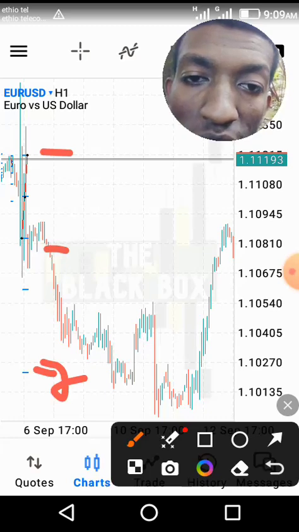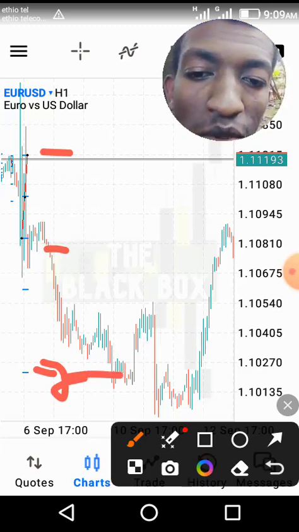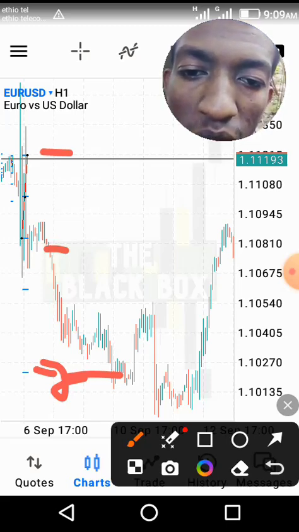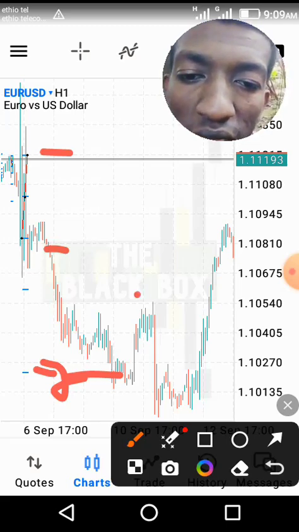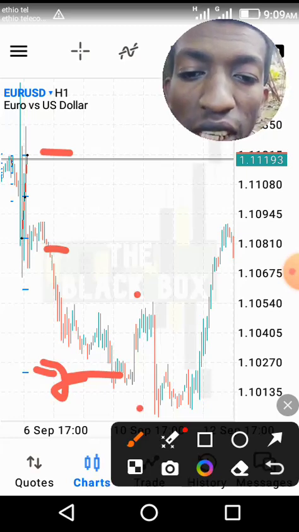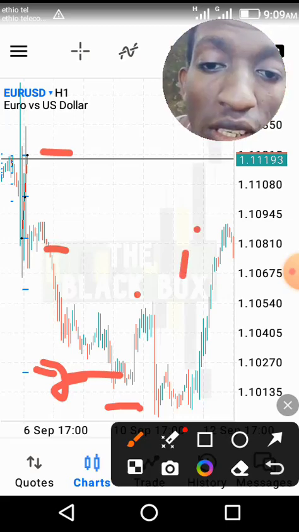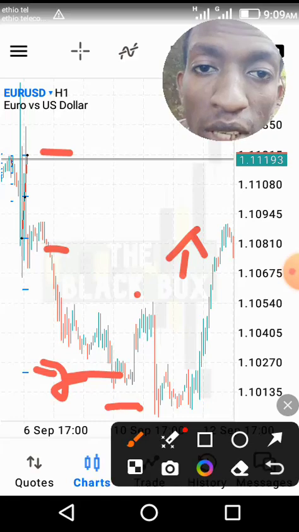Notice what the price did after hitting TP2. Look, it hit TP2, it went up, and then finally a drive to the downside before changing its direction to the upside.